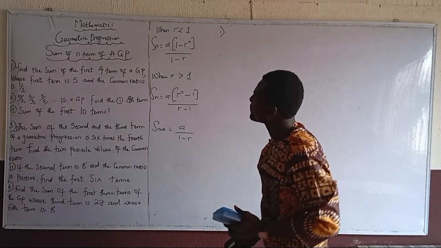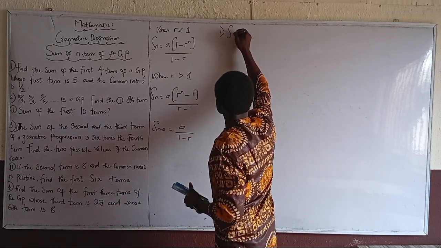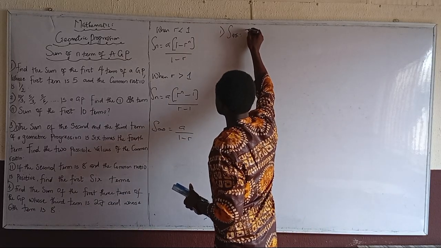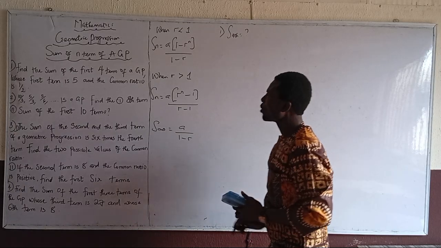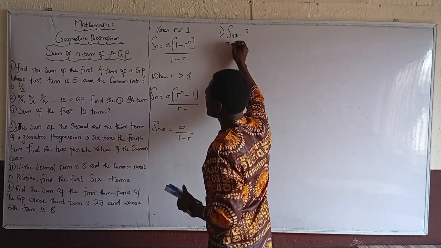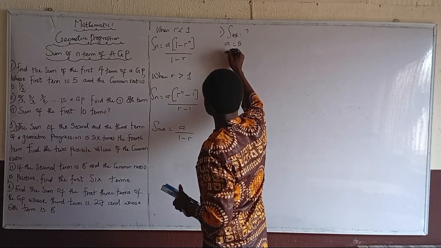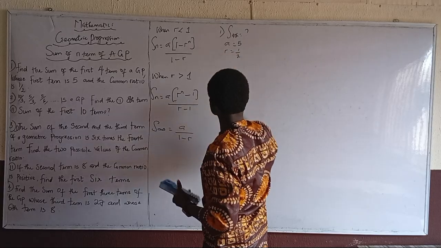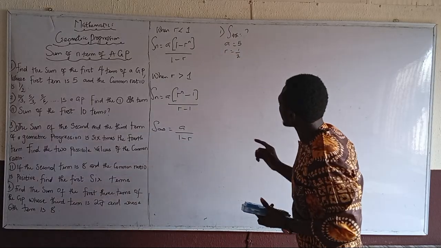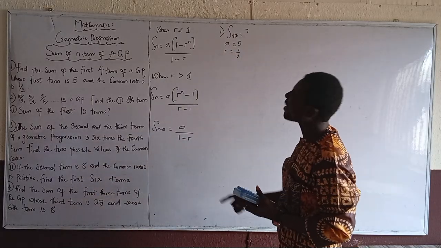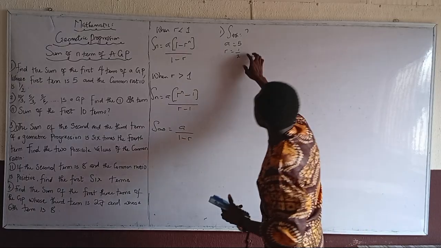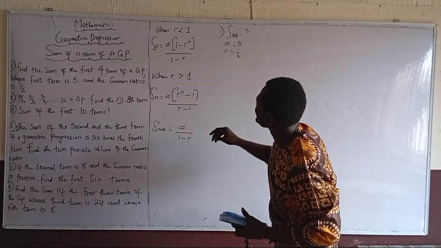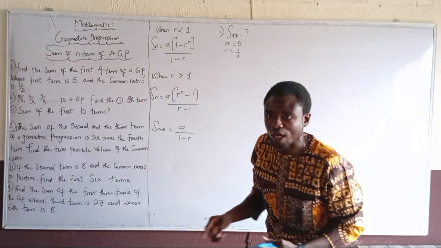Find the sum of the first 4 terms. I'm looking for sum of the 4 terms of a GP whose first term a is 5 and common ratio is r. Now r, is it less than 1 or greater than 1? R here is 1 over 2, which means that r is less than 1.